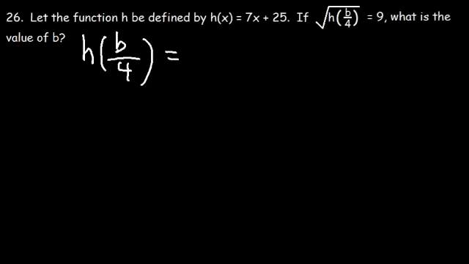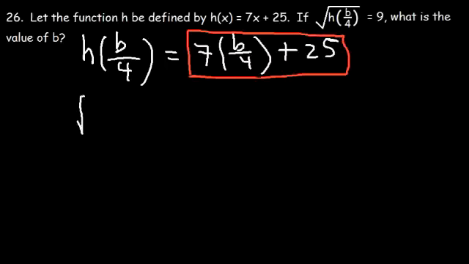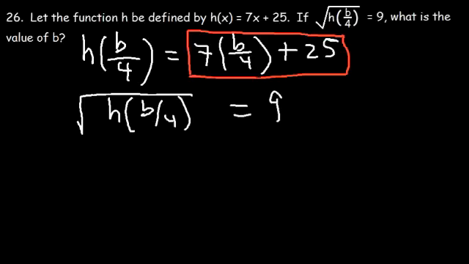So to find h of b over 4, we need to replace x with b over 4. Therefore, h of b over 4 is equivalent to this expression. So starting with this problem, we can replace the h of b over 4 with this expression.